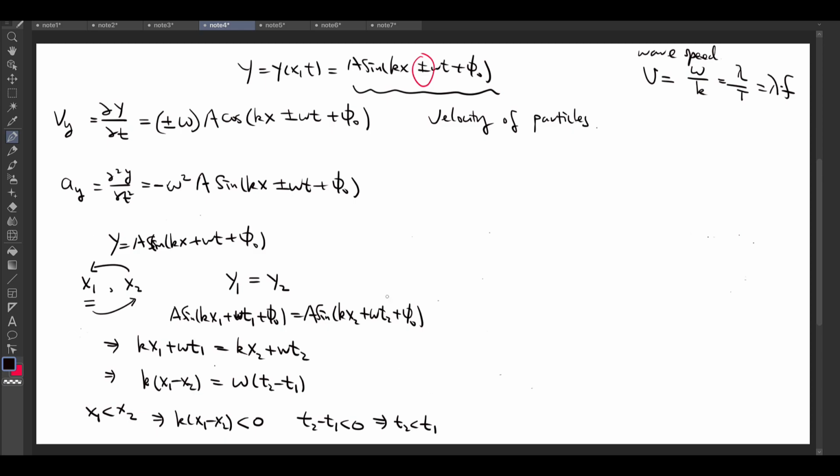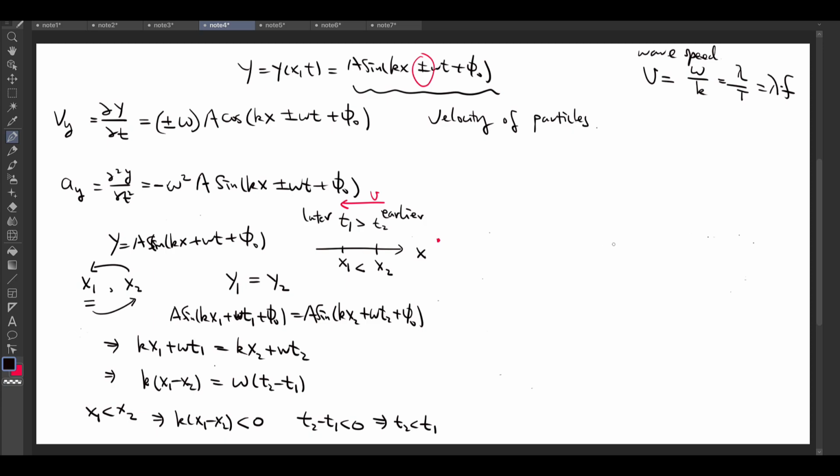Let's draw a diagram. Here is the x axis, and x1 is less than x2, but t2 is less than t1, so t2 is earlier and t1 is later. That means the propagation of the wave is from right to left. That's the v. The wave propagation direction is from right to left, so the wave source is on the right side.